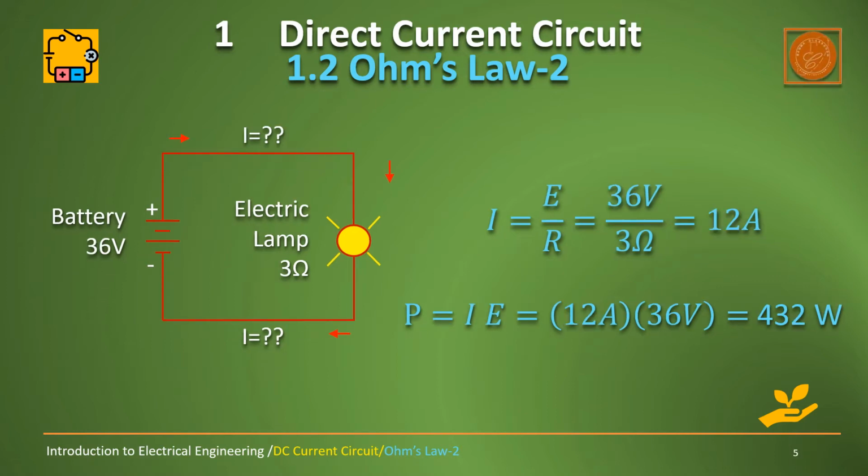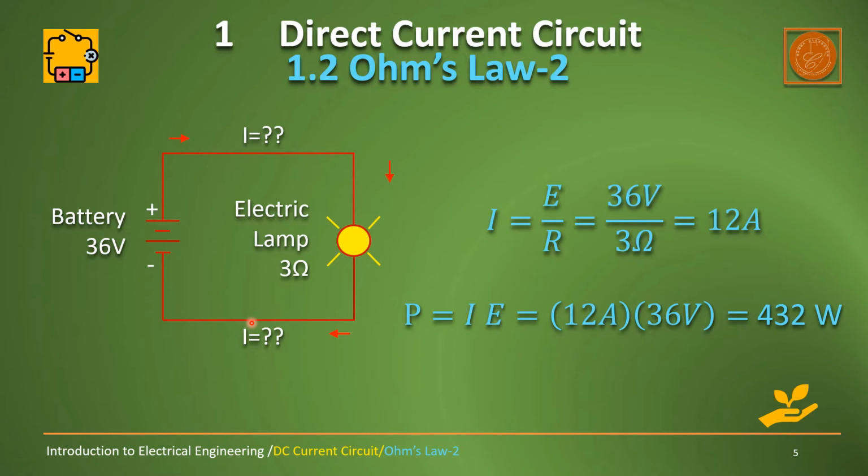Let's try taking that same circuit and increase the battery voltage to see what happens. Intuition should tell us that the circuit current will increase as the voltage increases, and the lamp resistance stays the same.